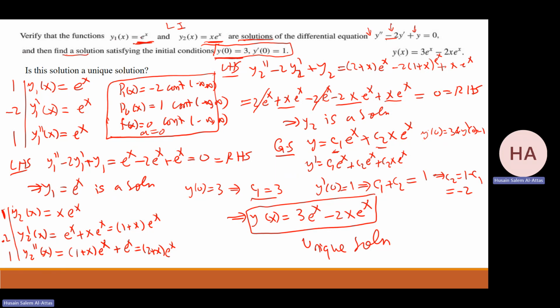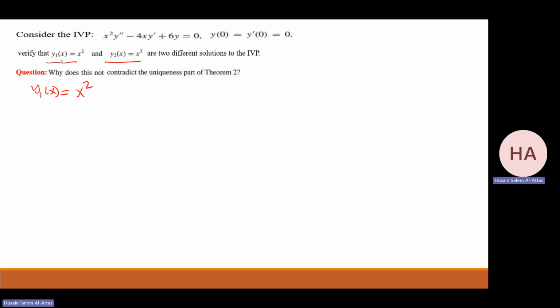Notice y1 at 0 is 1, not 3, and y2 at 0 is 0. So that will not satisfy the initial condition if we dealt with them separately. However, when I combine them in this general solution, later we'll do this, I can find the c's satisfying the initial conditions.